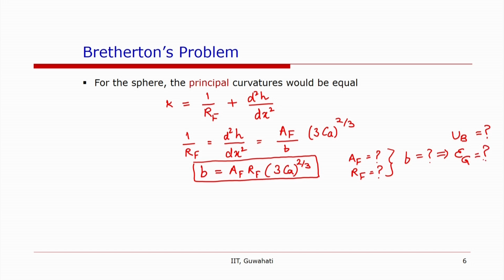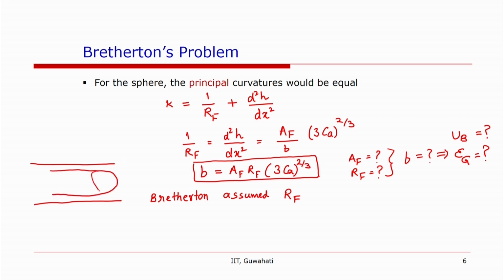So Bretherton, in his analysis, assumed that RF, that is the radius of the sphere that is fitted here, is approximately equal to the channel radius R, which is true for thin films.